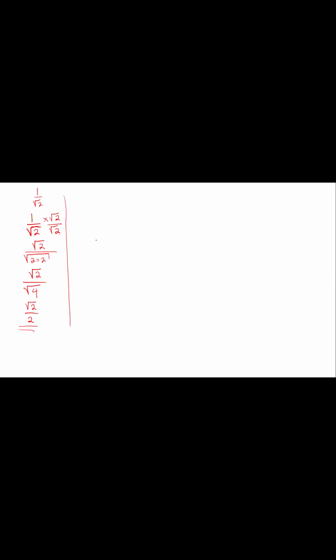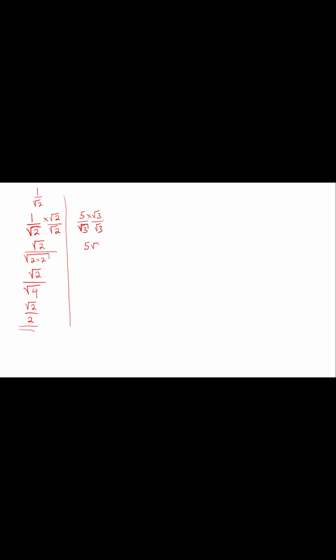There should not be a root in your denominator. In case, let me say I have 5 out of root of 3 and I'm rationalizing it. It means that I look at the denominator. I ask, how can I remove that root? So I'll multiply here by root 3. When I multiply the numerator, remember in surds, if something doesn't have a root, it cannot multiply inside.